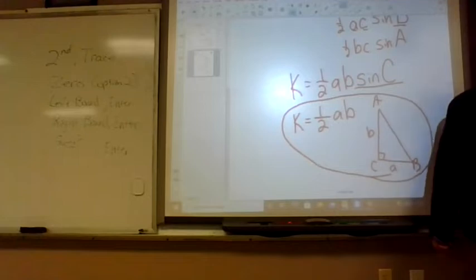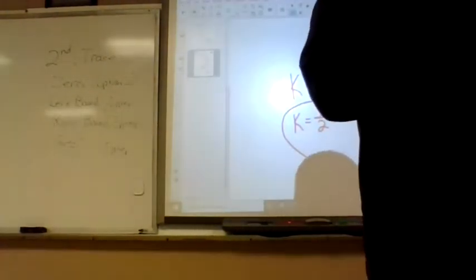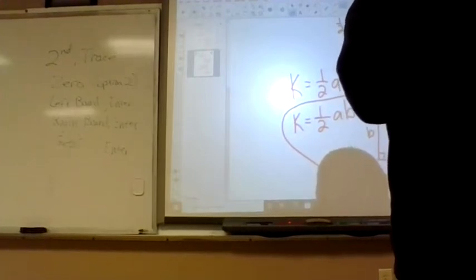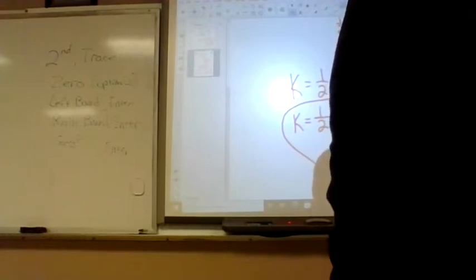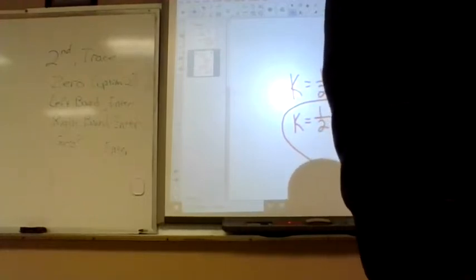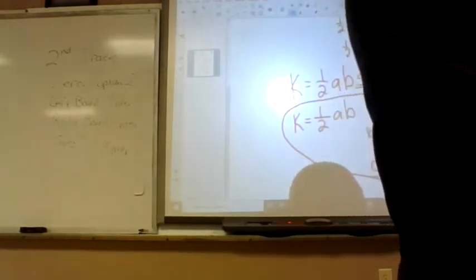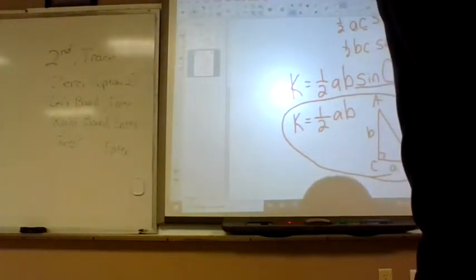Yeah, can you help us with six? I don't understand. As shown in the diagram on the right, angle C in triangle ABC is obtuse. Show that the formula gives the area K of triangle ABC. Okay. Skip. Why would we skip? Skip.